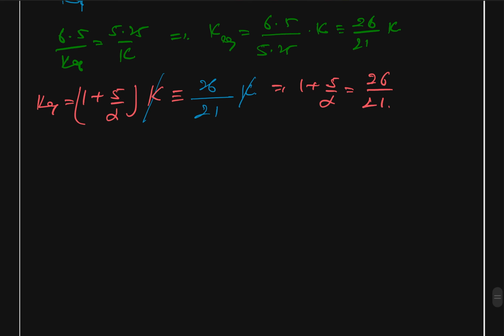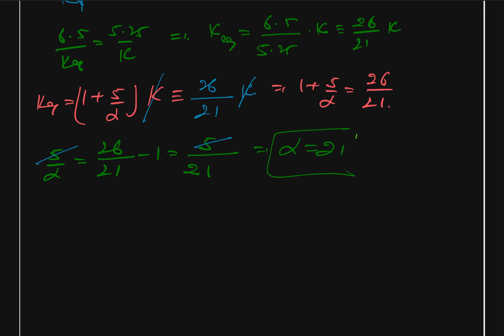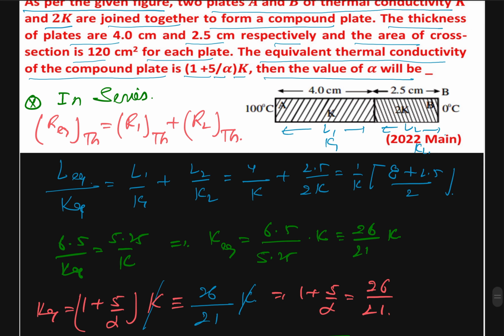So 5 upon alpha is equal to 26 upon 21 minus 1, which comes as 5 upon 21. And here 5 and 5 cancel out, which gives us that the value of alpha is equal to 21.